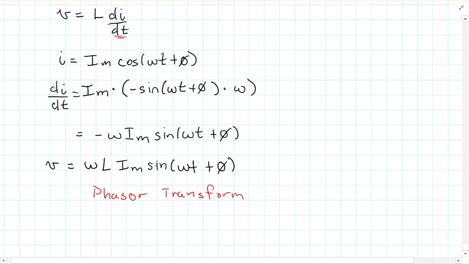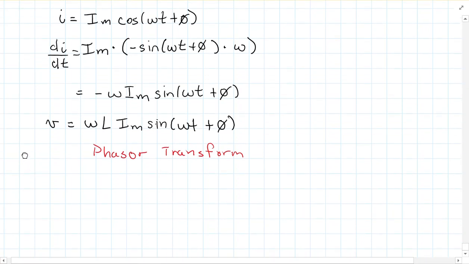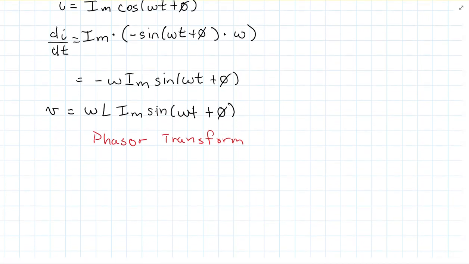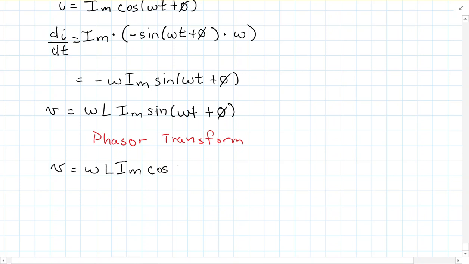And of course here, the left-hand side is easy. That just becomes my phasor voltage. But before I even do that, we have to remember here that in order to do a phasor transform, I don't want sine functions, I want cosines. So I'm going to rewrite this as V is equal to omega L times Im cosine of omega t plus phi minus 90 degrees.